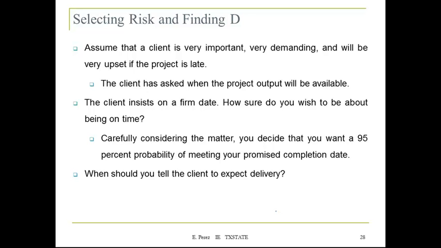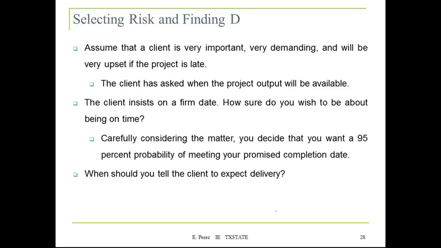How sure do you wish to be about being on time? Carefully considering the matter, you decide that you want a 95% probability of meeting your promised completion date. So you want at least a 95% confidence that you will be able to complete it in a certain number of days. When should you tell the client to expect the delivery?